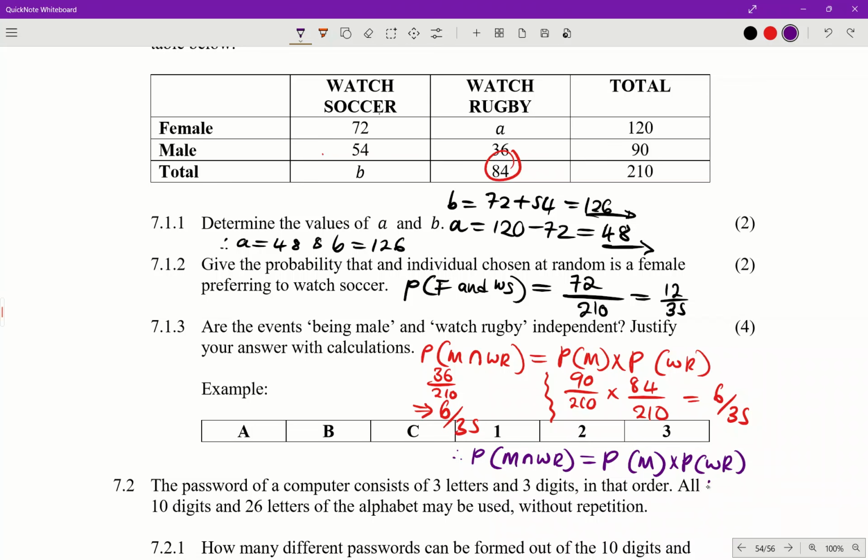Therefore, the events of being male and watching rugby are independent. Finally, independent.